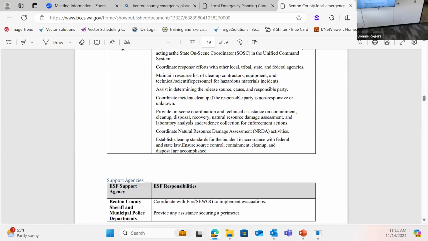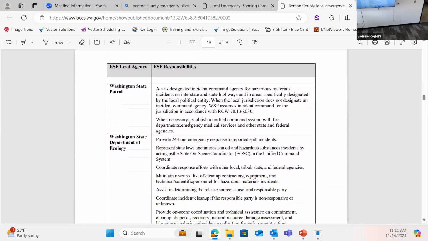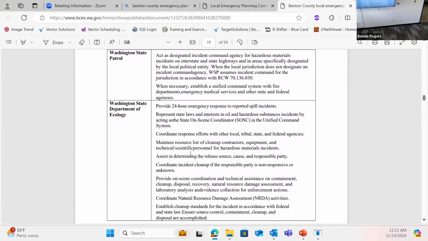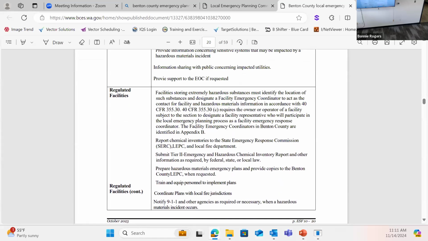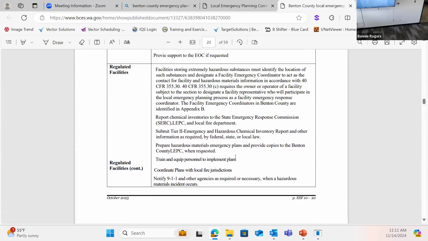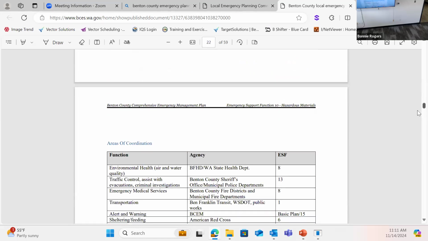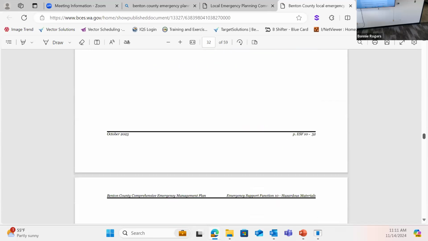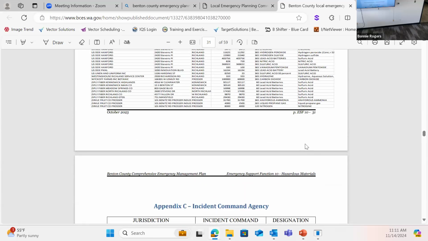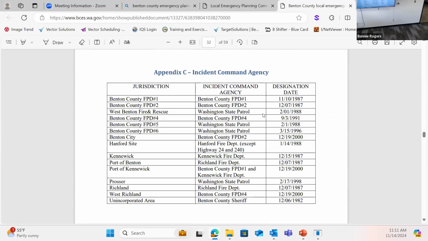These are all different agencies that can support, with their roles. Here we go with the incident command agency.